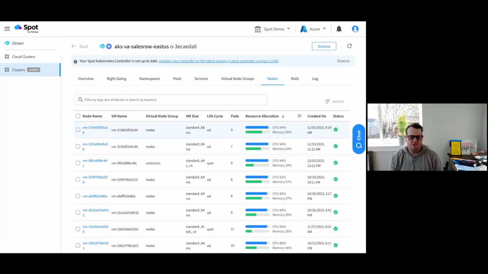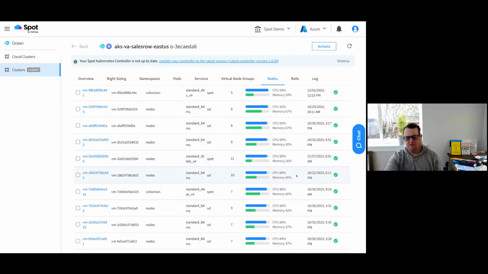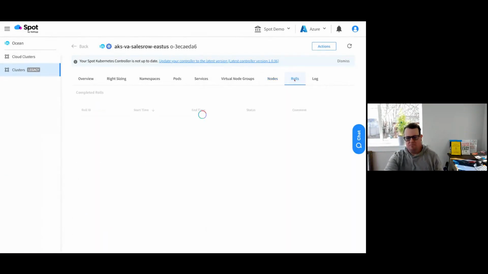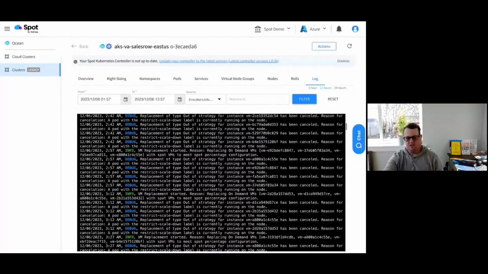This is what optimization is. It's getting the most benefit for the least amount of spend while ensuring that my workload is staying available. I can roll my cluster directly from the Spot console if I wanted to, and then my detailed log that I can go into. And you can see here, we were going to replace an instance, but it's out of strategy for this specific virtual machine.